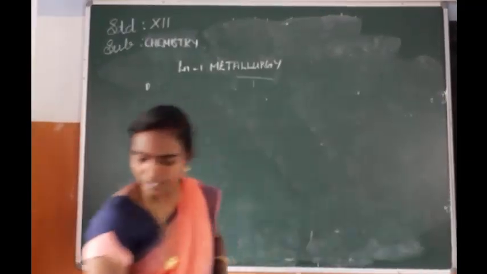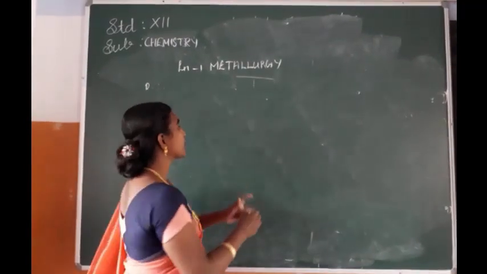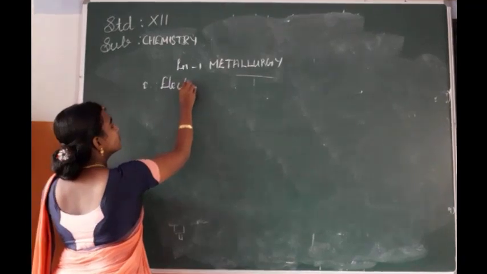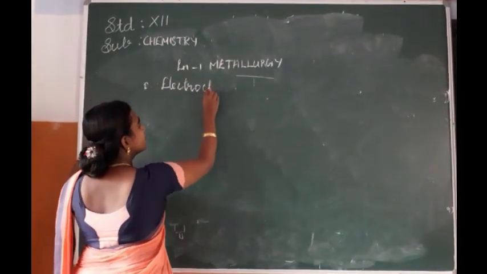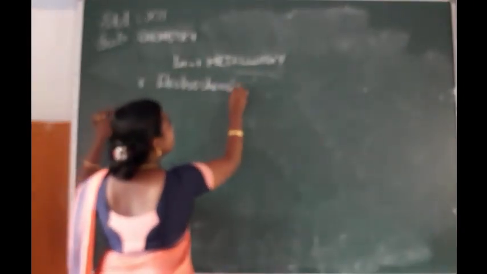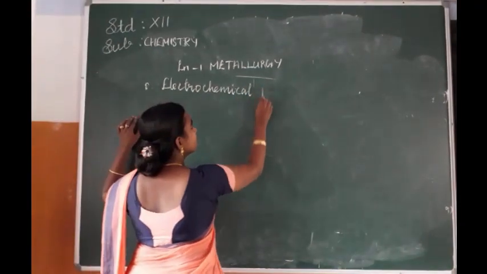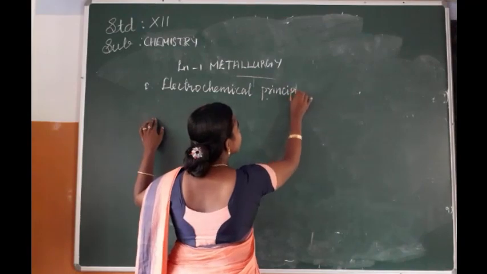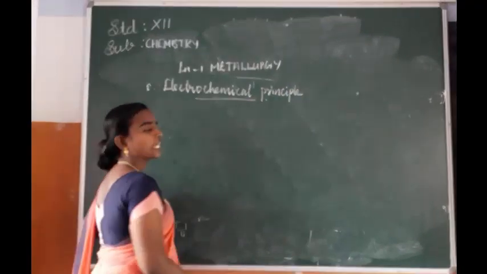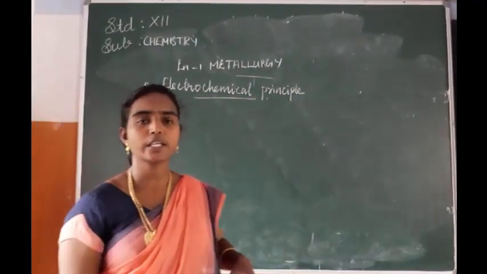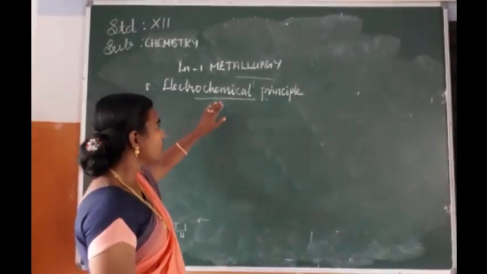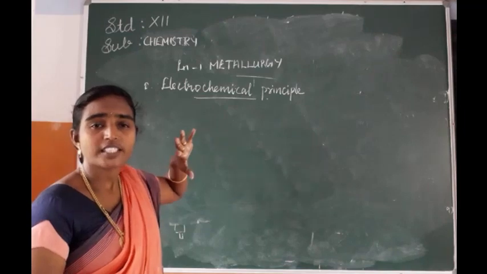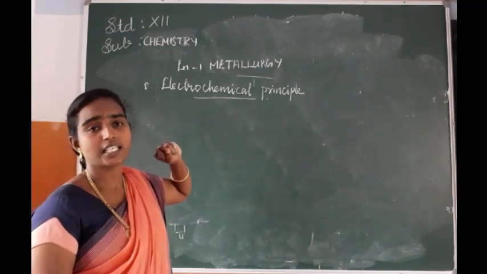So we can see the electrochemical principle of metallurgy. Electrochemical principle. Okay. So why is this principle given for the selection of the reducing agent, isn't it?